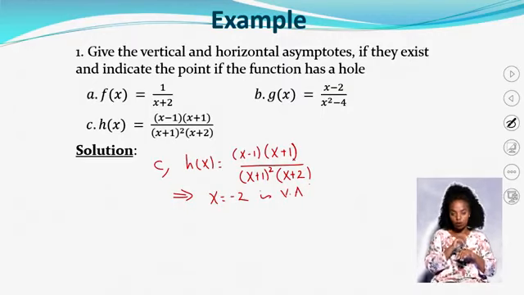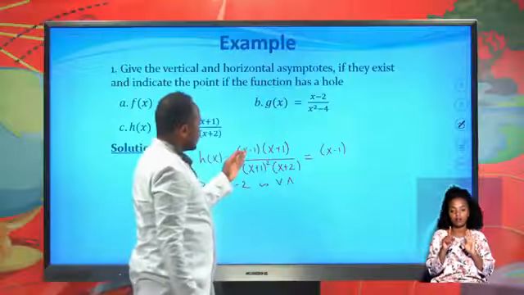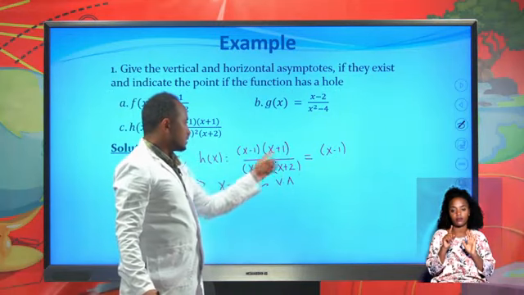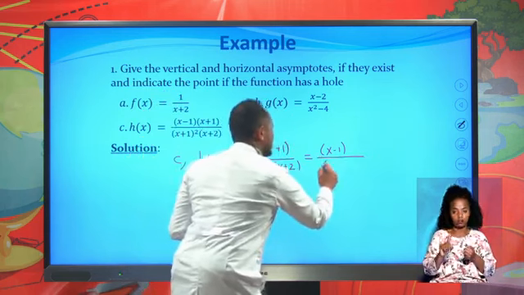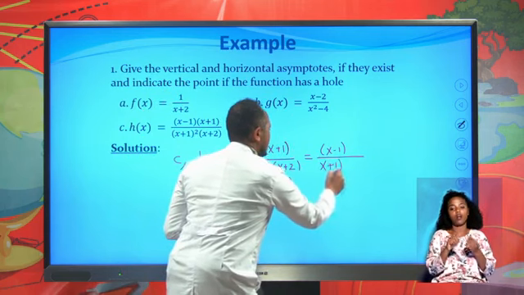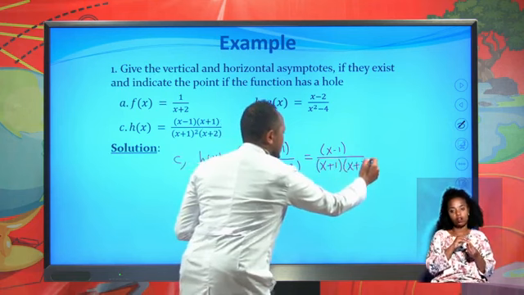So further simplifying this, you have x minus 1. This cancels one of the x plus 1. Therefore, you will have x plus 1 times x plus 2.